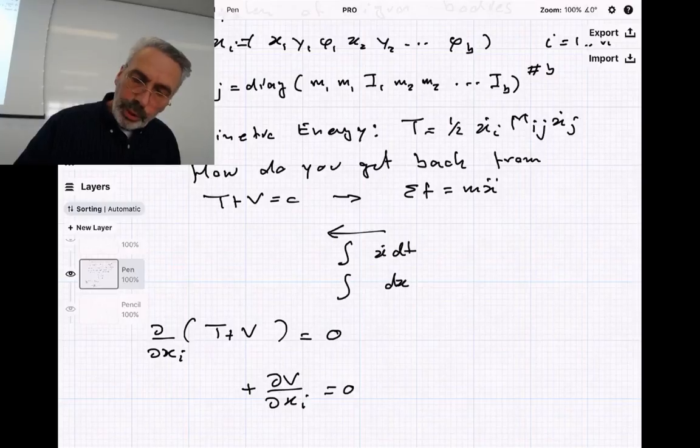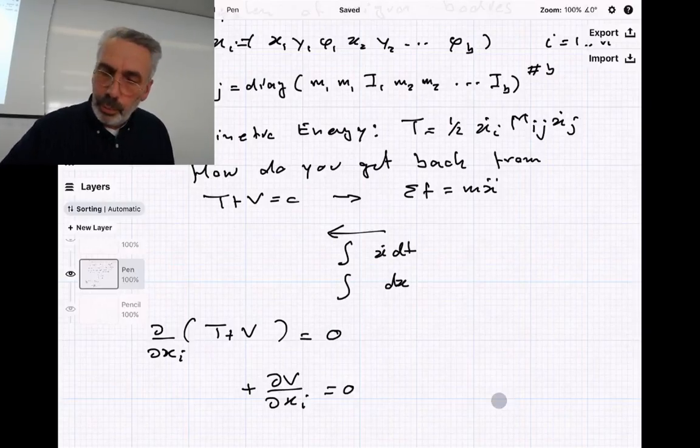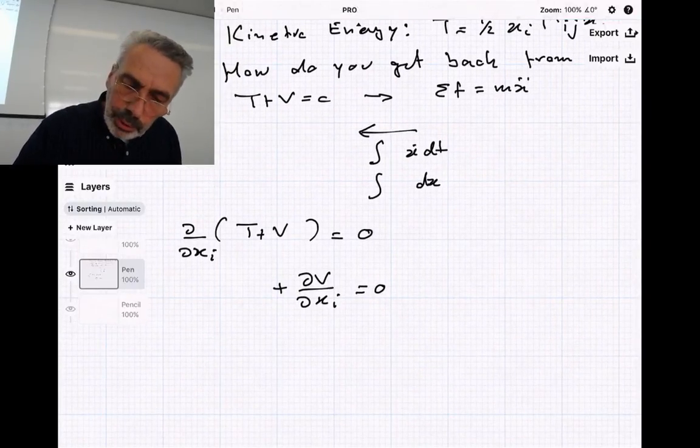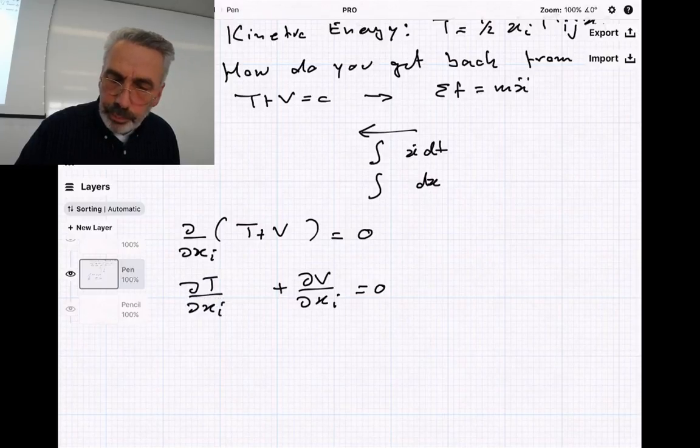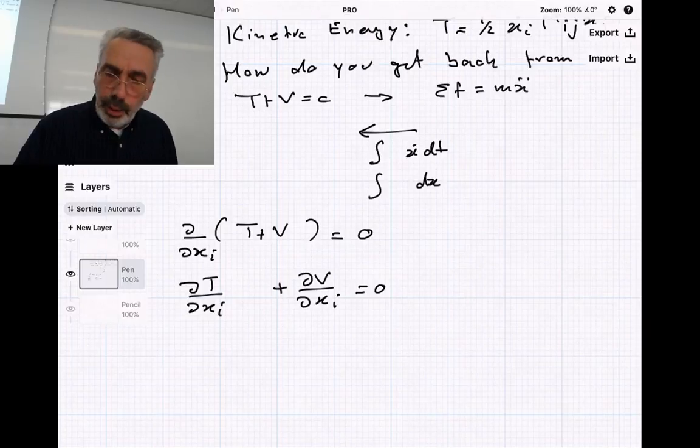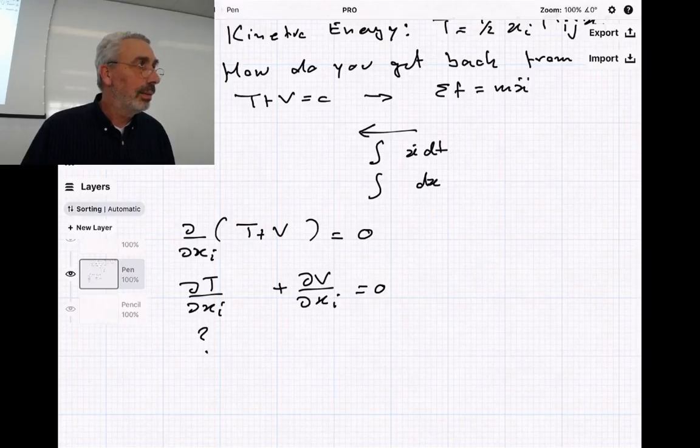If we put that on the other side, you get the applied forces, so that works. But what is this term? The derivative of kinetic energy with respect to the coordinates. Actually I have no clue, because the kinetic energy is not a function of the coordinates. So what is going on?